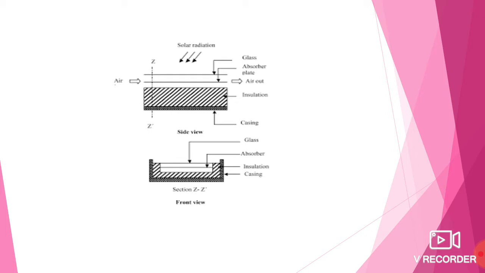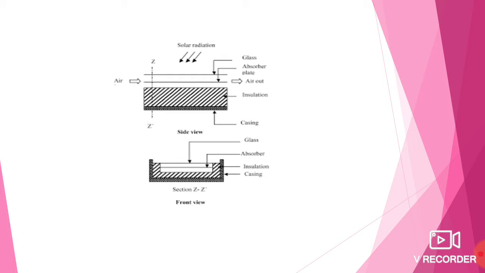several layers of metal screening and overlapped glass plates will be there. Flow may be straight through, serpentine, above or below or on both the sides of the absorber plate, or through the porous absorber material. Mainly the air heaters are classified in the following categories.